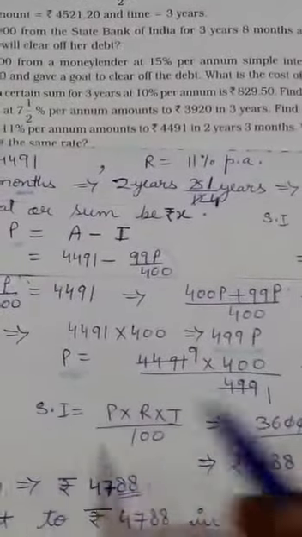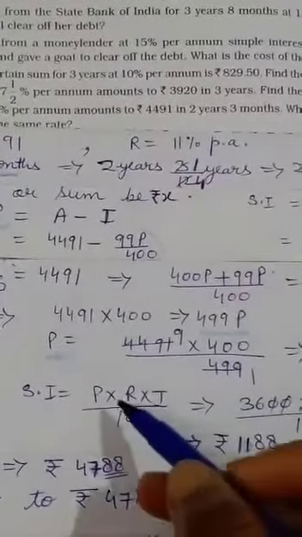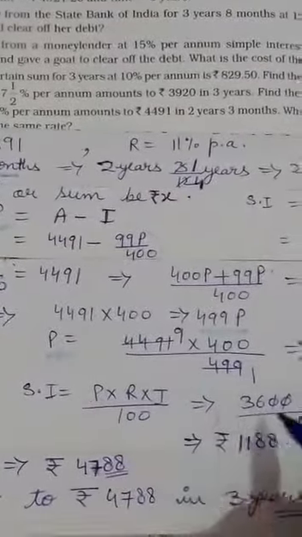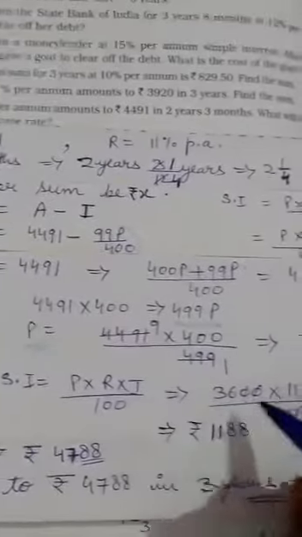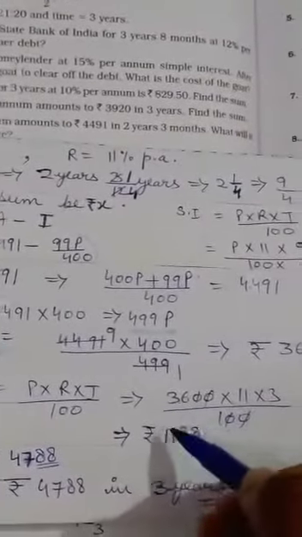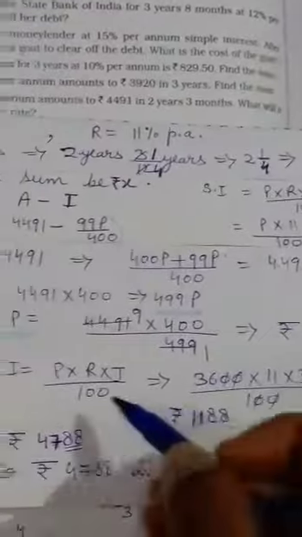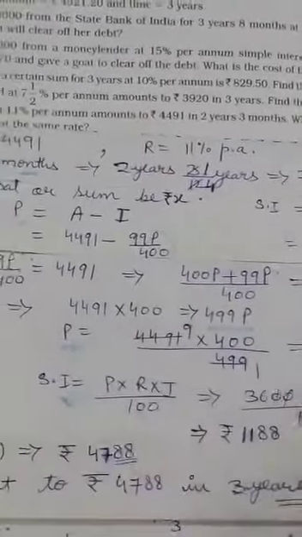Simple interest formula is P into R into T upon 100. Put its value: P is 3600 into R 11 into T is 3 years upon 100. Cut it, multiply it, you will get rupees 1188 as your interest.